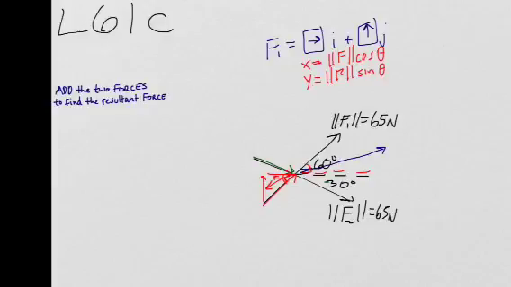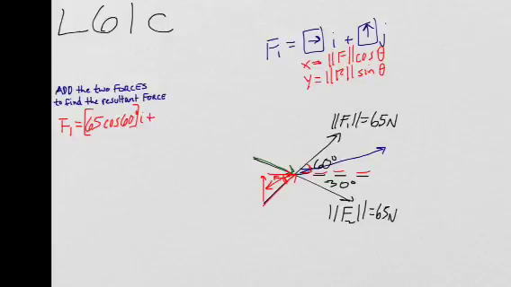Okay, so we're going to do F1 is the magnitude, which is 65, times the cosine of our angle, 60 degrees, times i. The i will just stay there.